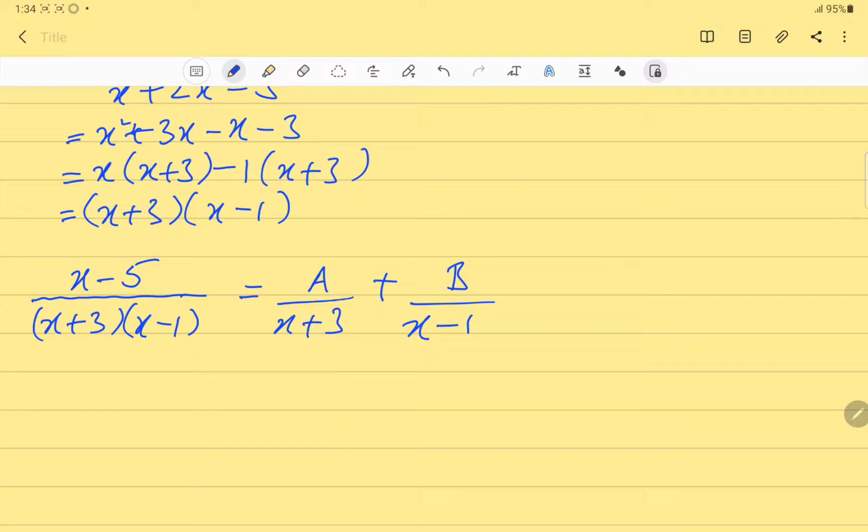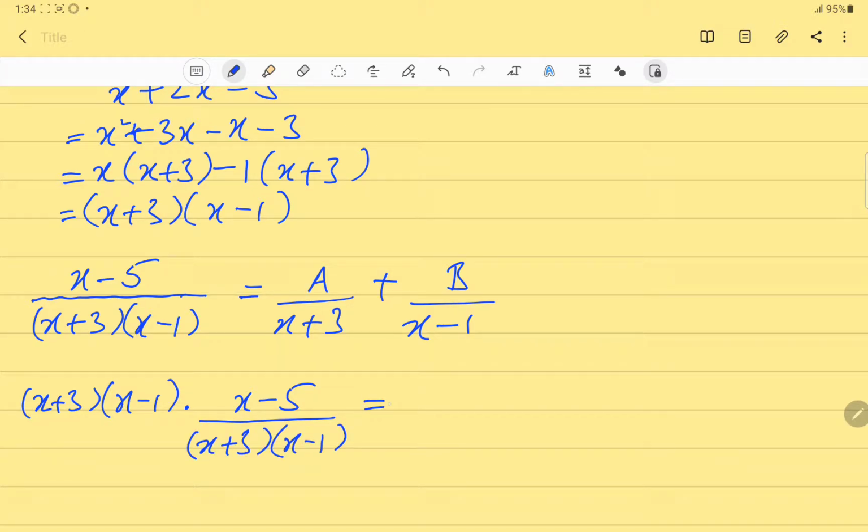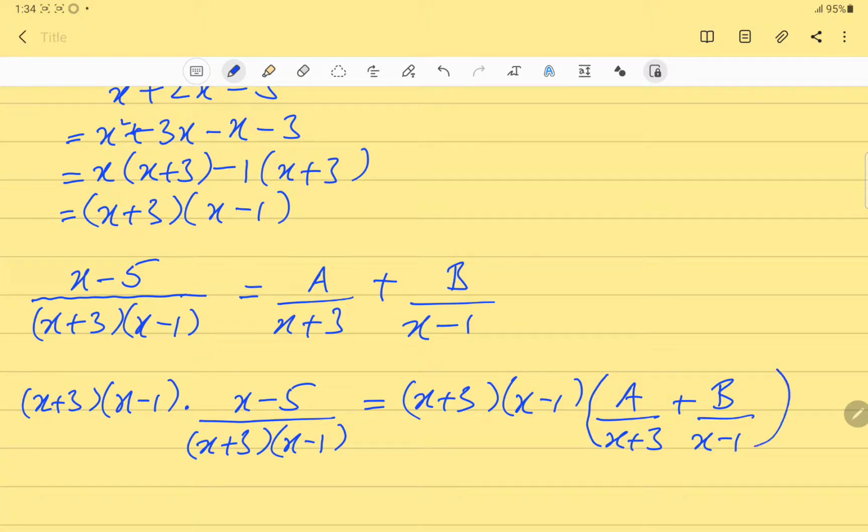Now we will multiply both sides by x plus 3 into x minus 1. So x minus 5 over x plus 3 into x minus 1, multiplied by x plus 3 into x minus 1, is equal to x plus 3 into x minus 1 multiplied by a over x plus 3 plus b over x minus 1.